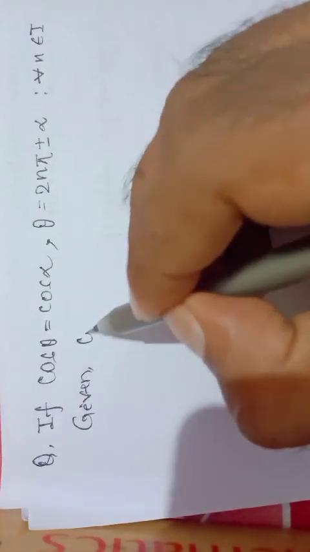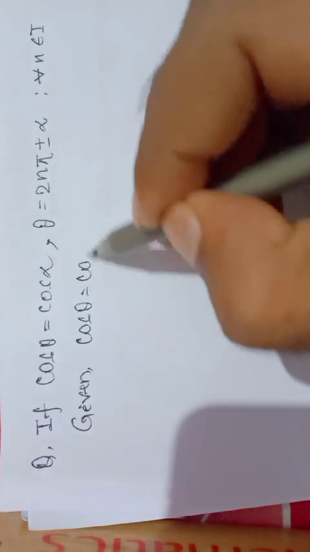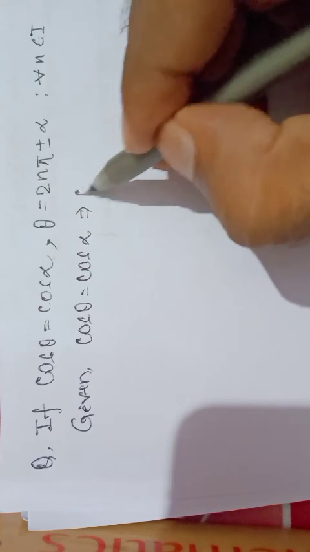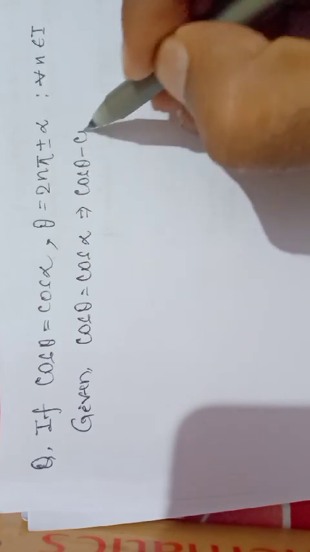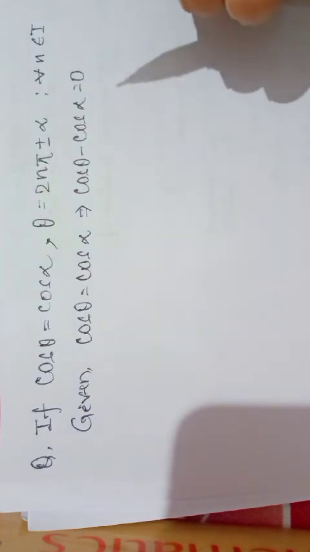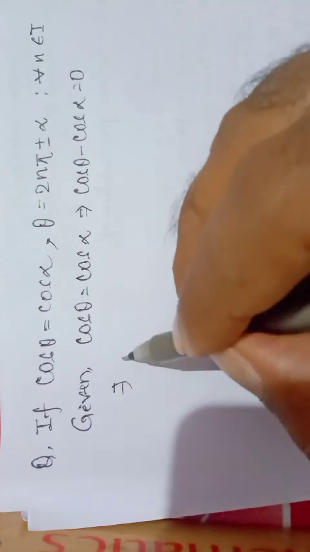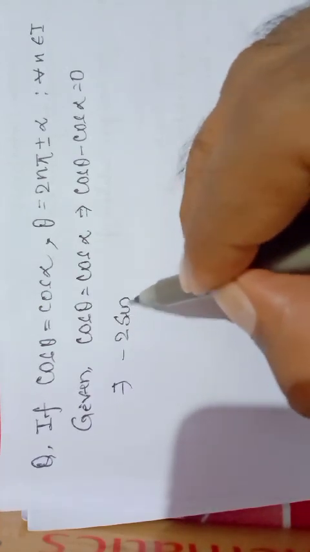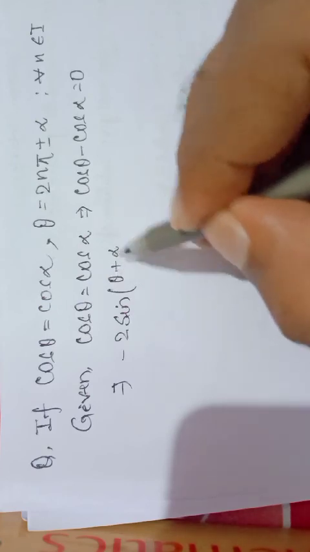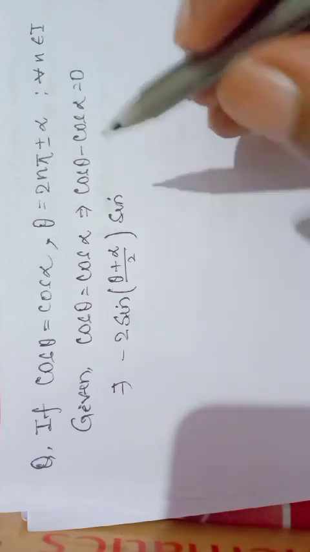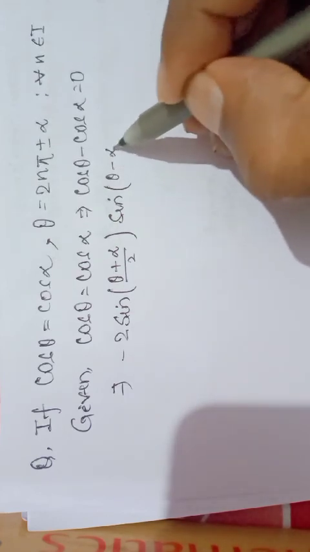So see children, what is given? Given cos theta is equal to cos alpha. It means, just like the previous steps, cos theta minus cos alpha is equal to 0. Apply the formula for cos C minus cos D: minus 2 sine (C plus D) by 2 into sine (C minus D) by 2, so sine (theta minus alpha by 2).